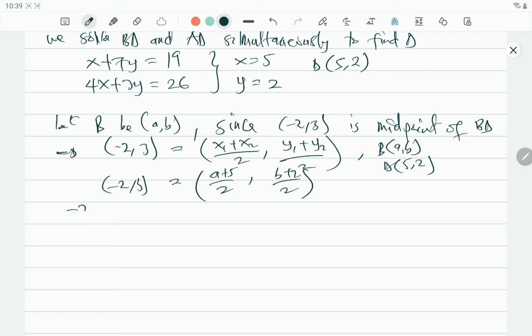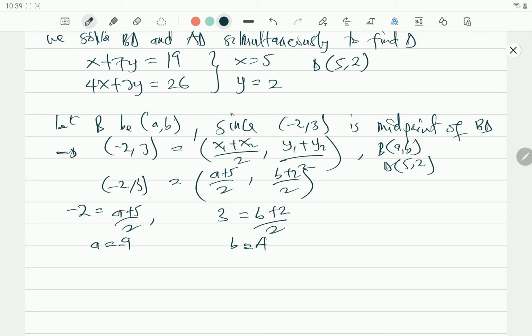So we compare and have minus 2 is equal to a plus 5 over 2, and 3 is equal to b plus 2 over 2. Finally, we have a to be minus 9 and b to be 4.